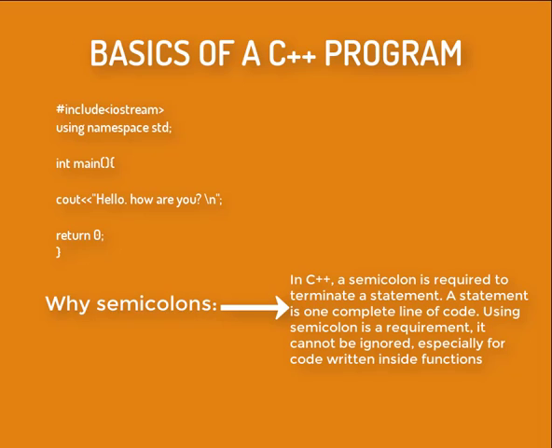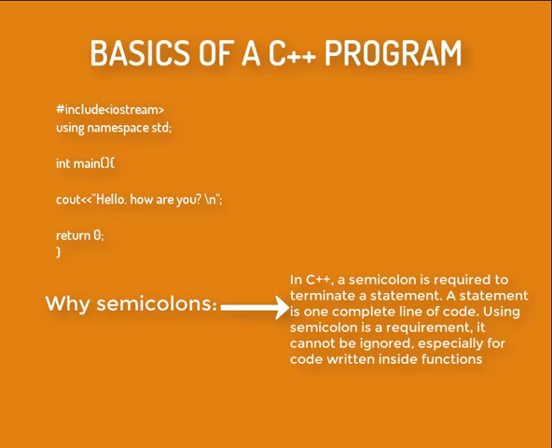As a general rule, most of the code that you would write inside the main function will need a semicolon. Once again, semicolon is a statement terminator. It tells the compiler this line is completely done, and move on to the next line. So you learn with practice where exactly you need a semicolon and where you don't. Most of the lines will need a semicolon.